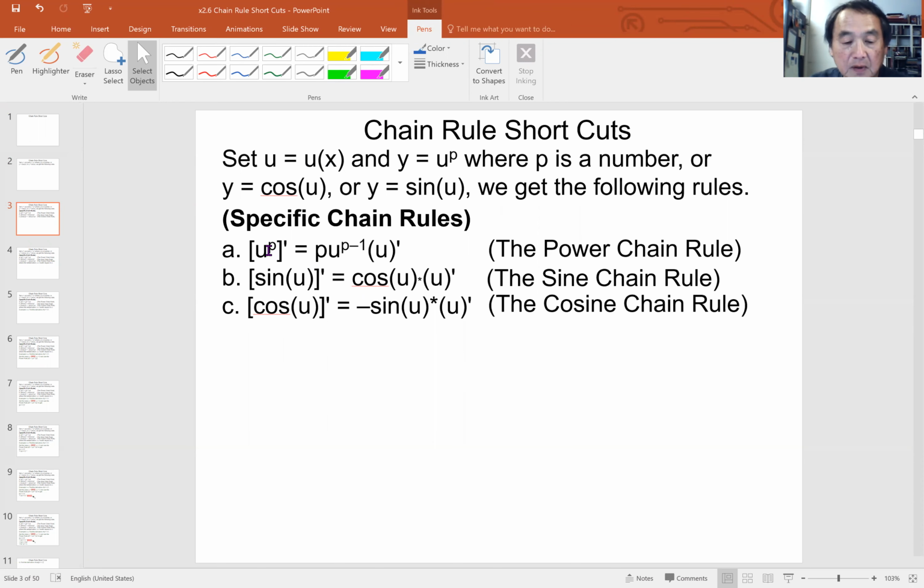Okay, so if I'm dealing with some base formula u with a power, then the derivative looks like the power rule. The power comes down and you subtract one from the power. But the chain rule says you then have to multiply by the derivative of u at the end.